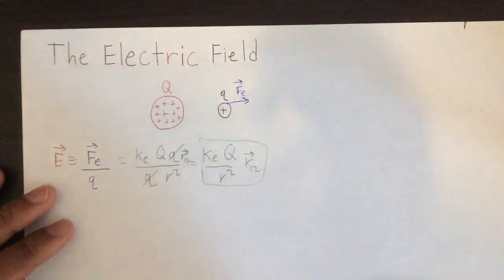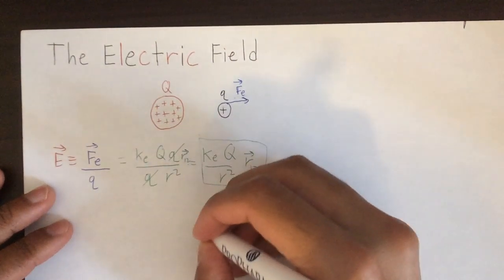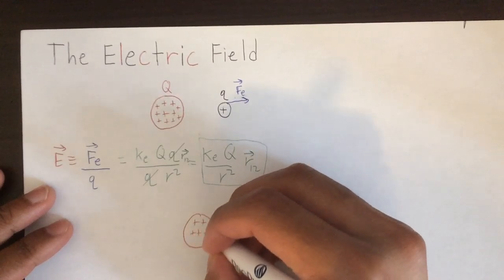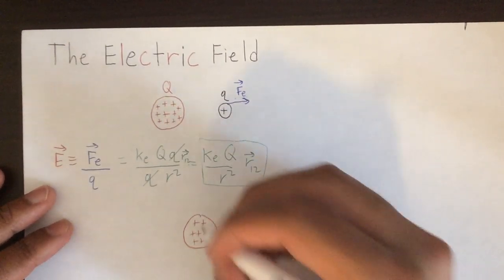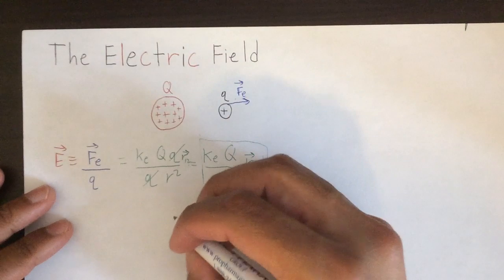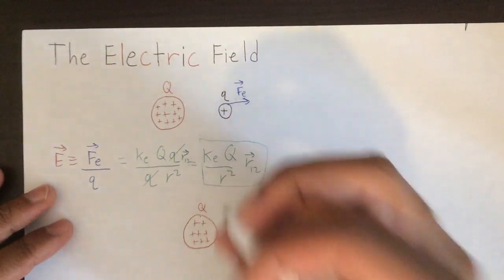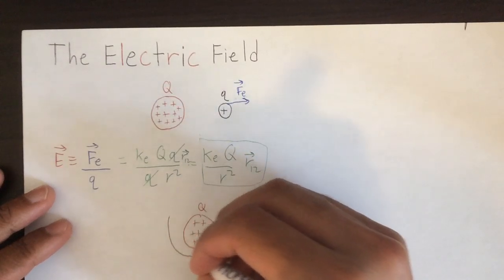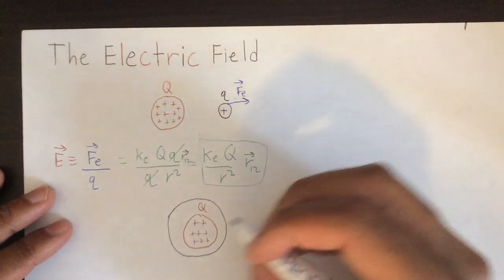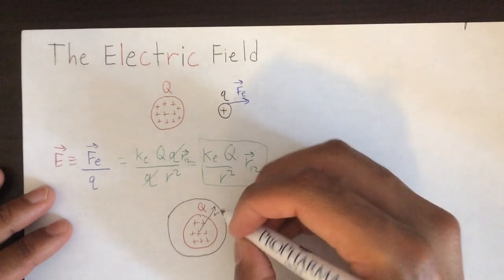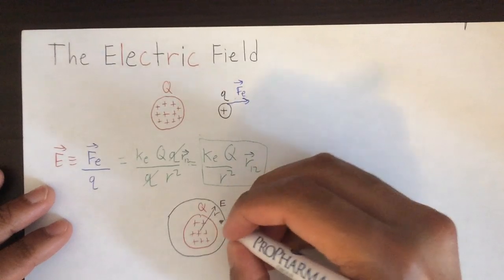If we look at this big Q, we know that at a distance r there's going to be one magnitude of the electric field.